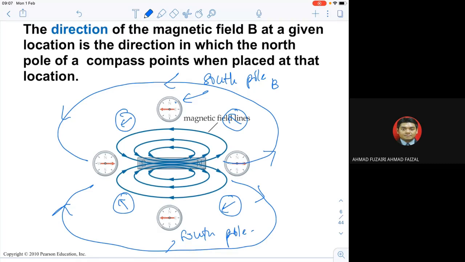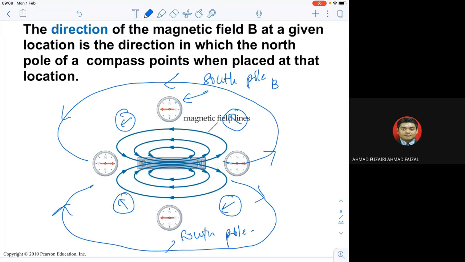Normally when you have a compass, you can see a red arrow. The red arrow is pointing north. We always say that a compass is always pointing north, especially the red arrow.